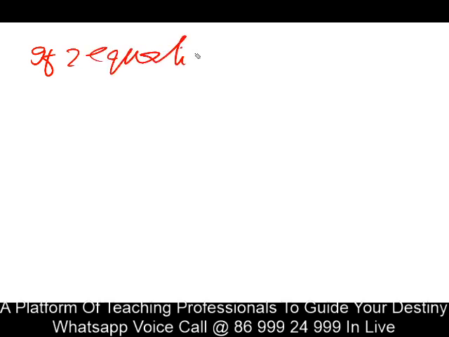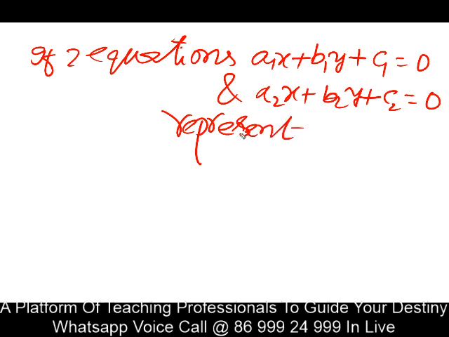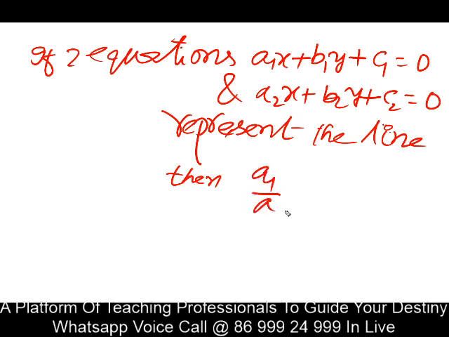If two equations a1x plus b1y plus c1 equal to 0 and a2x plus b2y plus c2 equal to 0 represent the same line, important, please, then the coefficients of the respective variables are proportional.